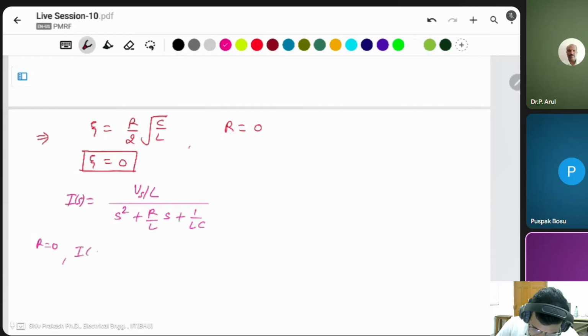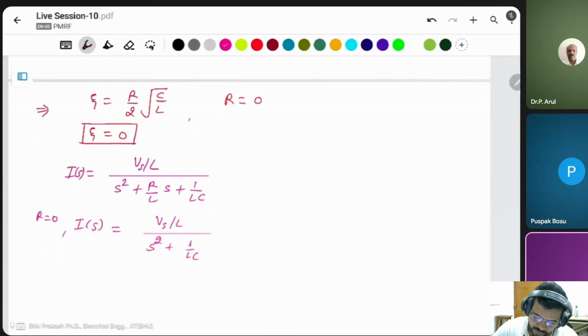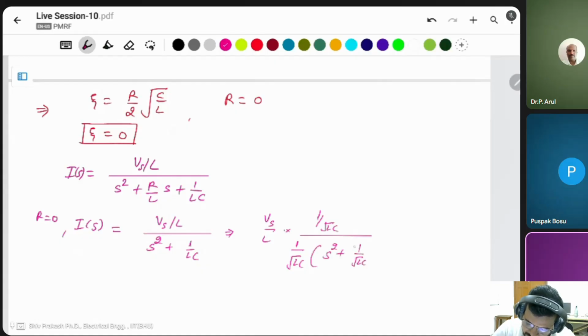Then Is is Vs by L divided by S square plus 1 by LC. Vs by L you can take common. We can multiply here by 1 by root LC, and divide by 1 by root LC into S square plus the square of 1 by root LC.